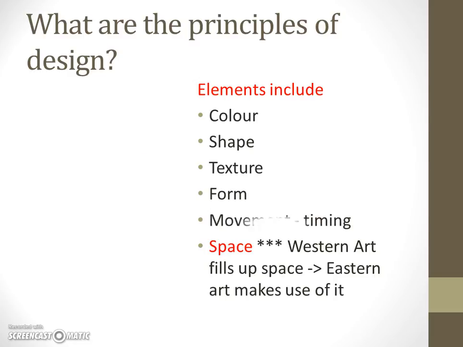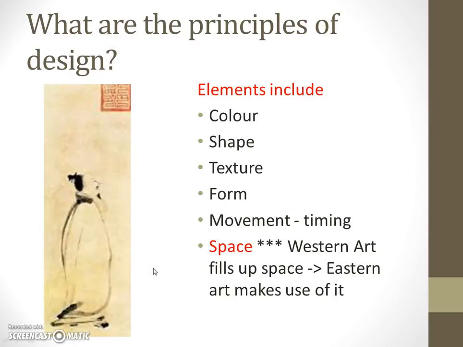Now, one thing I'd like to emphasize, and it's not often seen in Western art theories, is the use of space. Notice this very famous image of Li Bo chanting a poem. Notice only a few strokes of ink, with Chinese ink, paper and water.